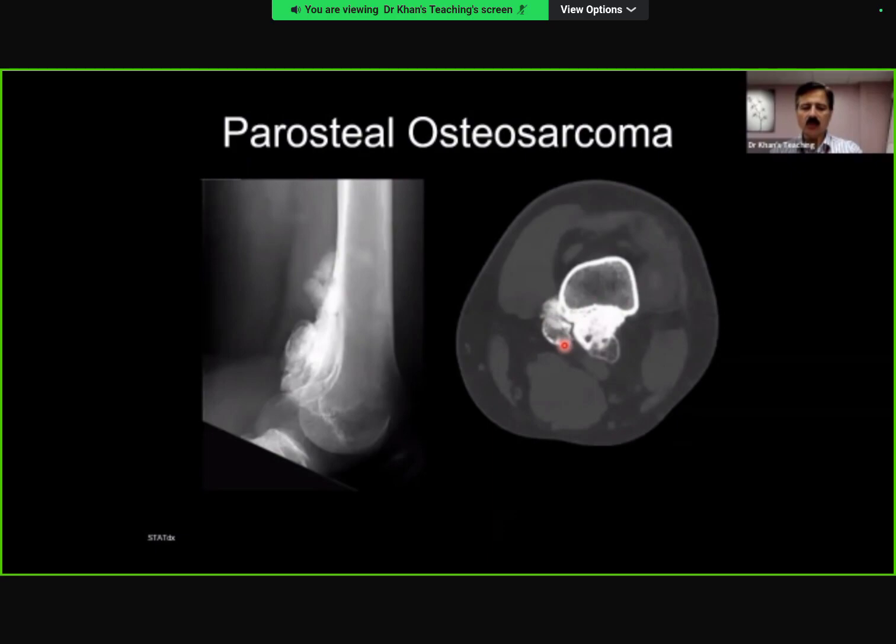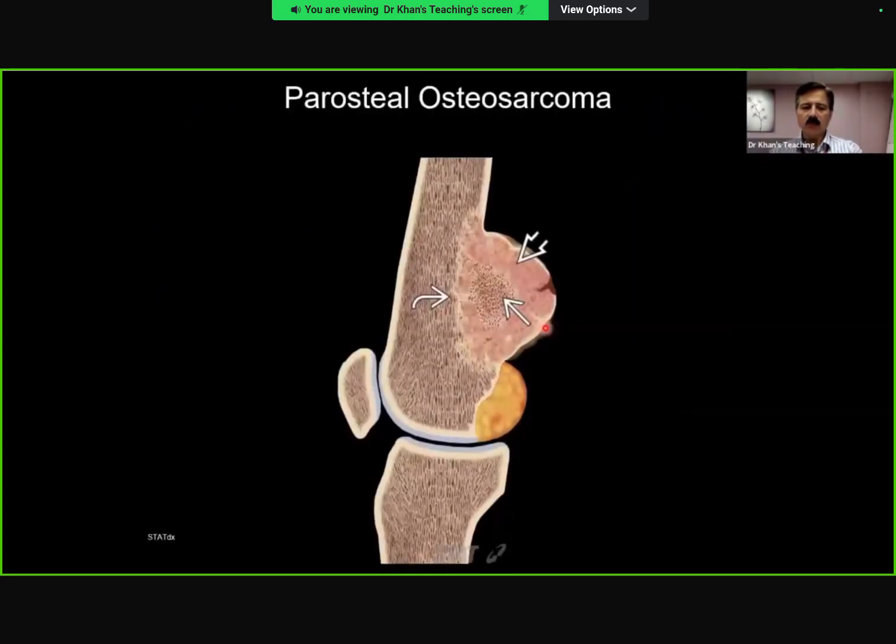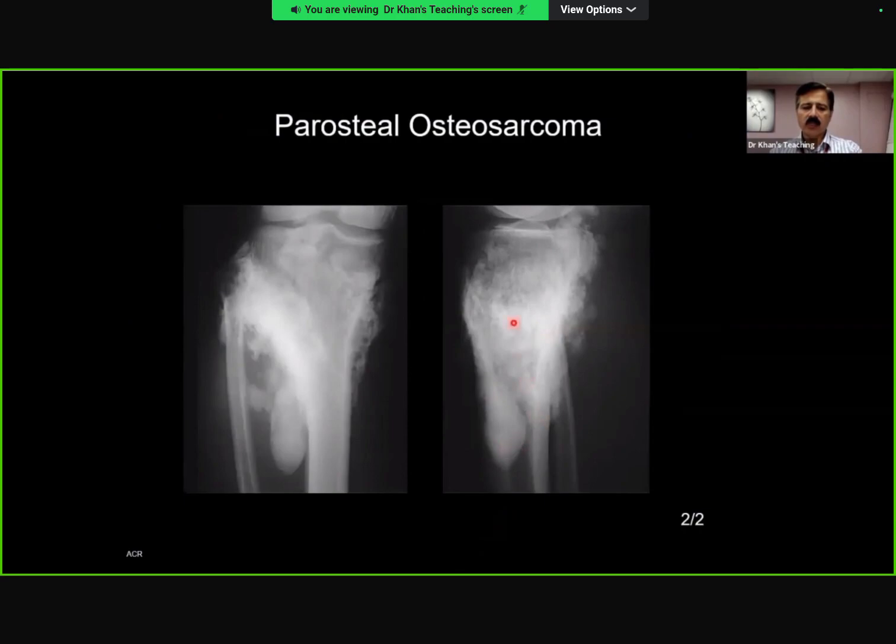This is classical osseous matrix, not cartilaginous matrix. And in the case which I showed you, there is so much ossification that it has gone all the way around. And if you come back here, you can see that it has gone all the way around. It's quite a unique type of an appearance.